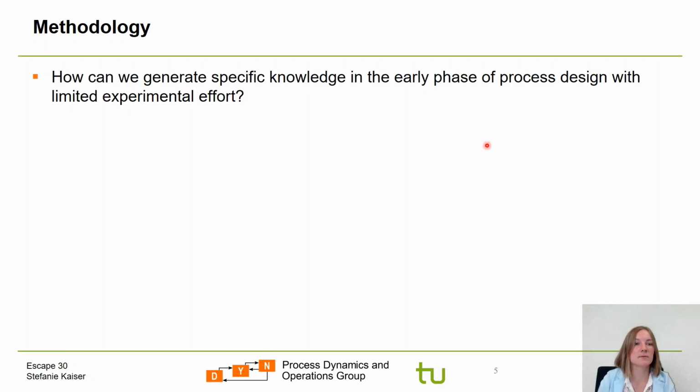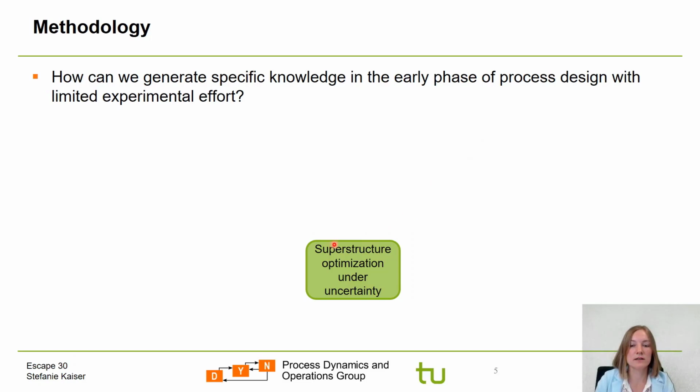So how does this methodology then look like? How can we generate the specific knowledge in the early phase of process design with limited experimental effort? So the center of this work is the superstructure optimization under uncertainty that I described before.